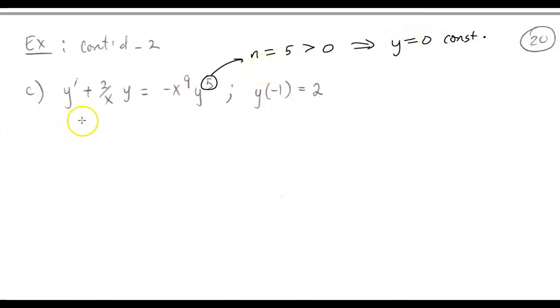So now what we need to do is use our suggested substitutions here. We say we're going to let u equal y raised to the 1 minus n. And since n is 5, that would mean that y raised to the negative 4 is what u is.